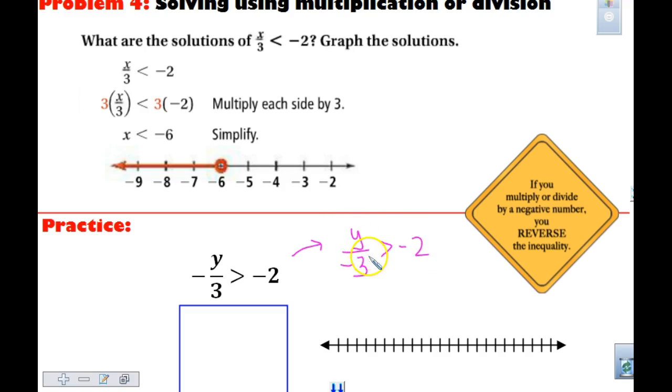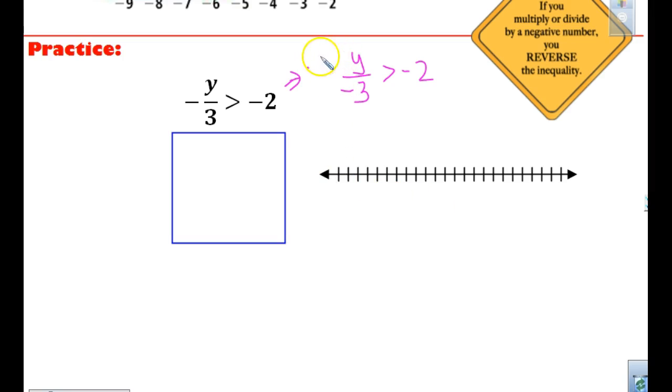So y divided by -3 is greater than -2. So please multiply on both sides to show. And we're actually not, the inverse of dividing is to multiply. So we should have been multiplying by -3/1, right?